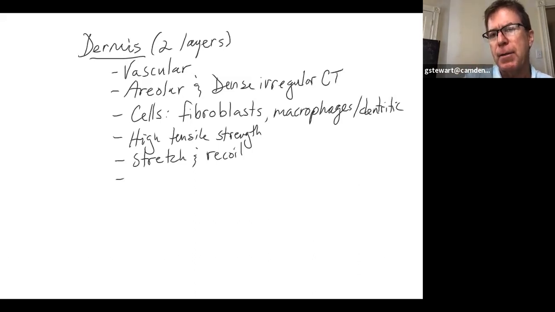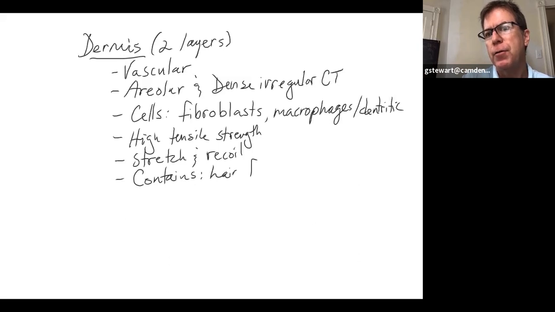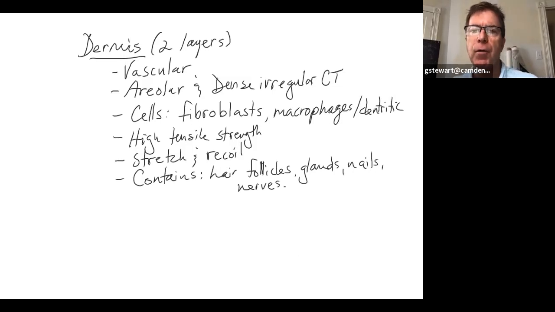Finally, before I get into the specific layers, the dermis contains hair follicles. I'll go over these things specifically next time. Hair follicles, glands, nails, and nerves. So it's a whole conglomeration of different things in this connective tissue.